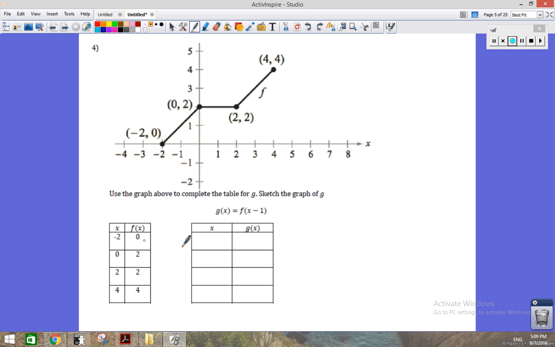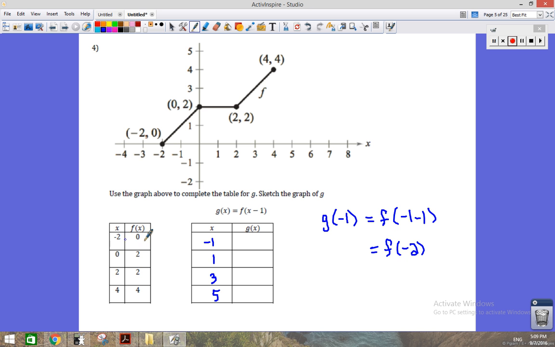So if I took the time and plugged in a negative 1, 1, 3, and 5, then what would I get? Well, let's just do one real quick. When it's negative 1, F is, I replace X with negative 1. Negative 1 minus 1 is a negative 2.